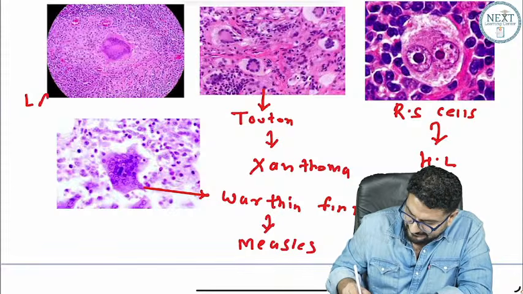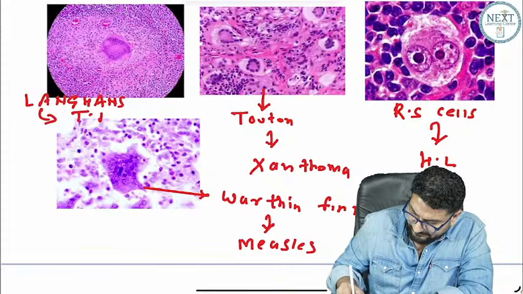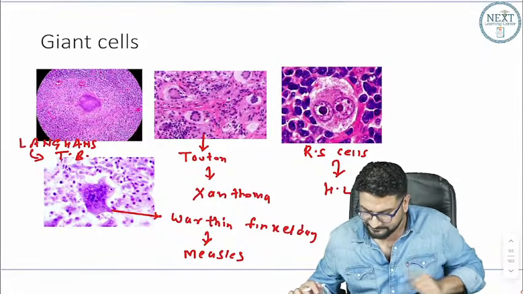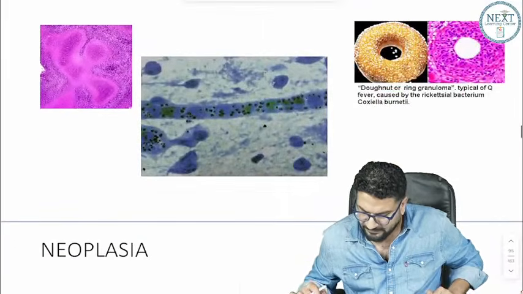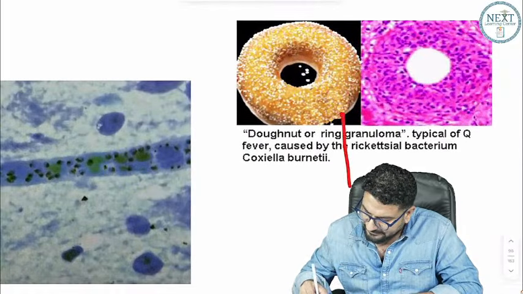This is your Langhans giant cells. And these Langhans giant cells you will see where? In TB. So these are all four types of giant cells which you will see. Done? Okay, now these are your granulomas. So you can see a donut-shaped granuloma. This is something which looks like a donut.